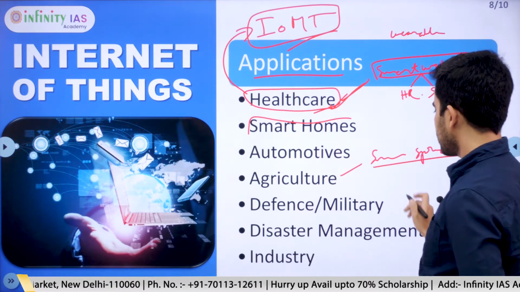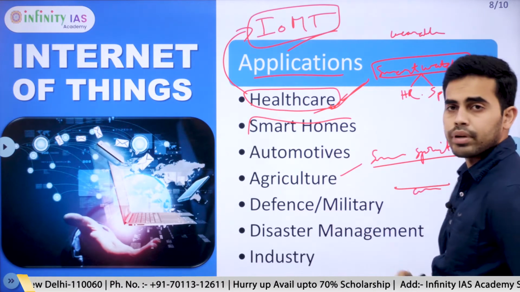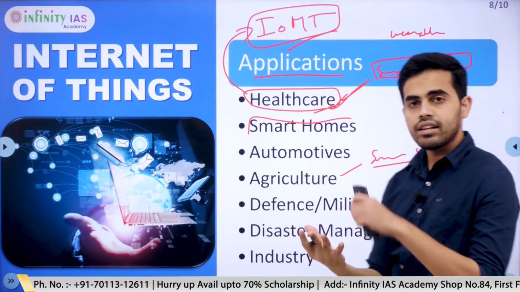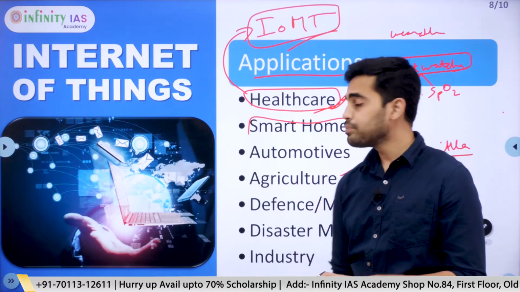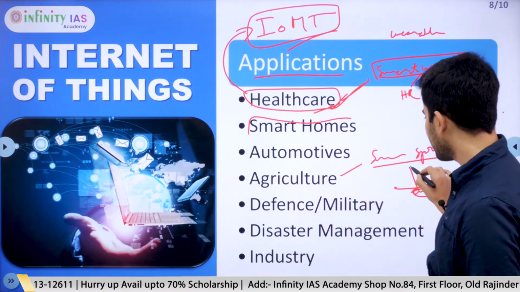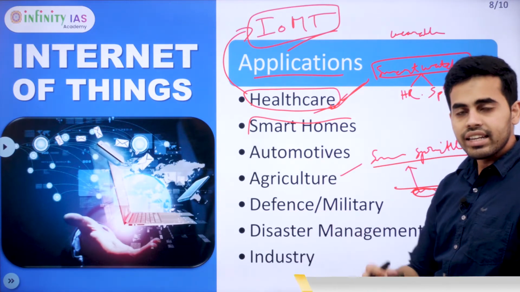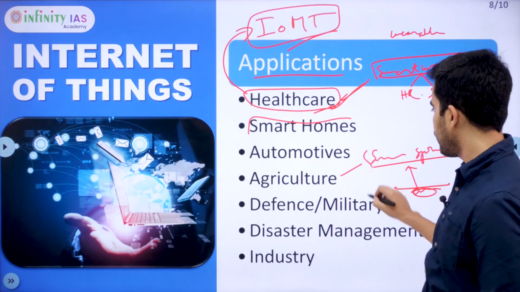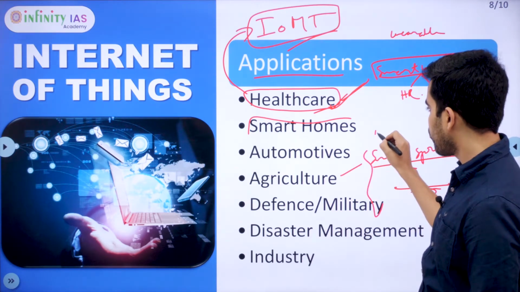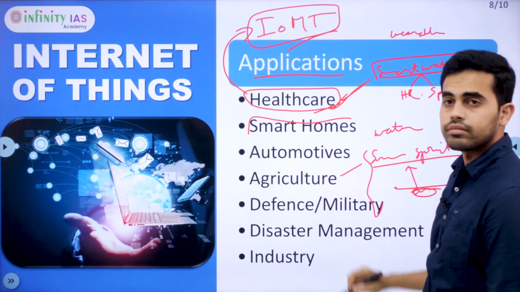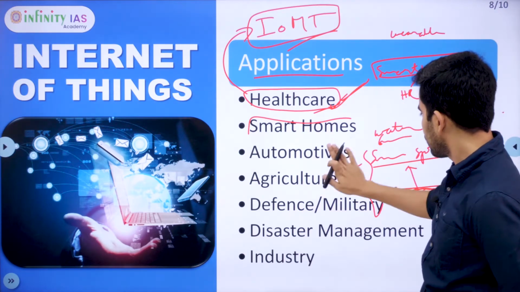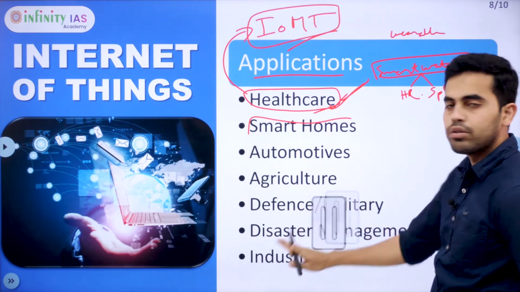In this case, if the soil gets dried up, the sensor in the soil will detect that the level of water is decreasing, and so it will send the signal to the smart sprinkler, and then it will start irrigating. This is also helpful in water conservation and even energy conservation. So this is one example where it can be used.